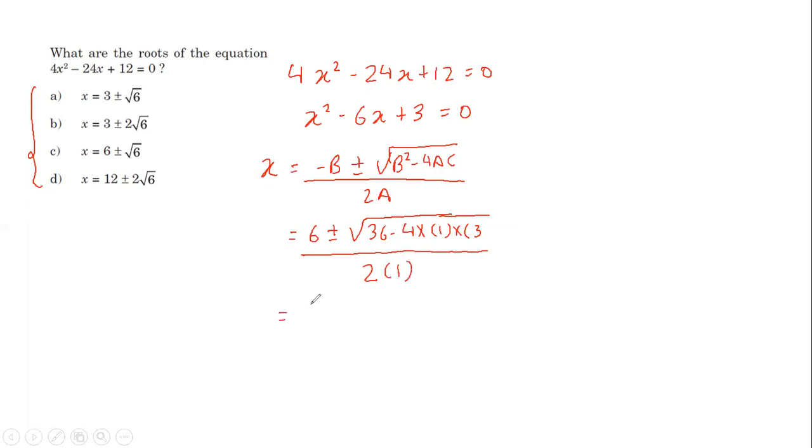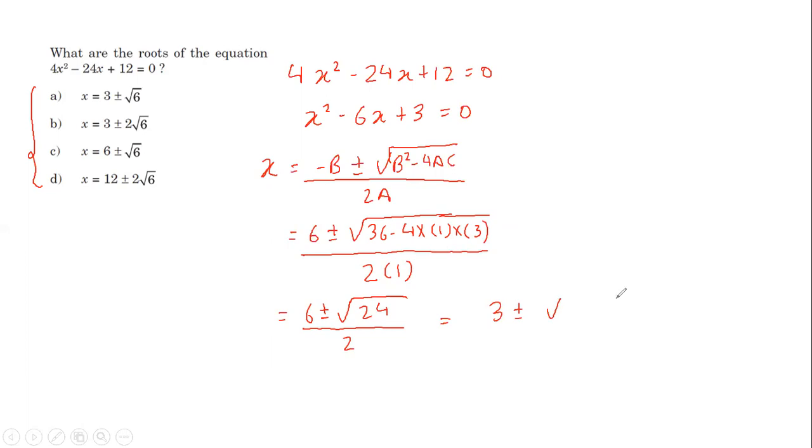So I'll get 6 plus minus, this is 36 minus 4 into 3, 12, that's 24, over 2.